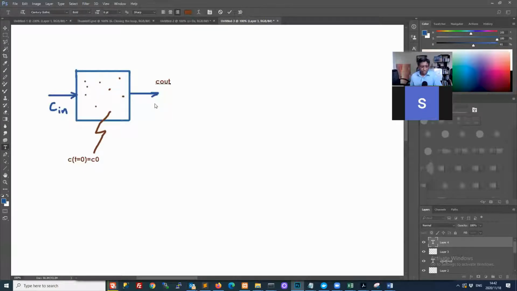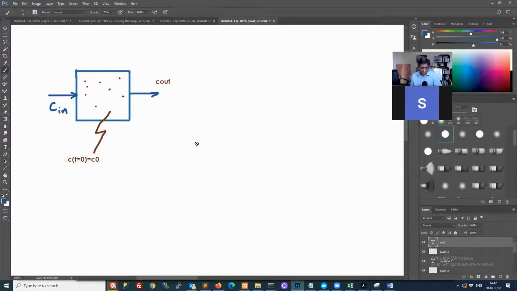Now this is a very specific concentration. This is only at time 0. And let's generalize that a bit. Let's call C generally the concentration in here. So for all future times after 0, C of t is the function that tells us the current concentration in here.